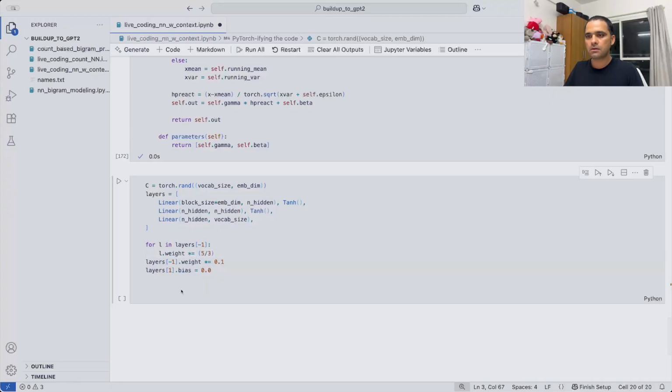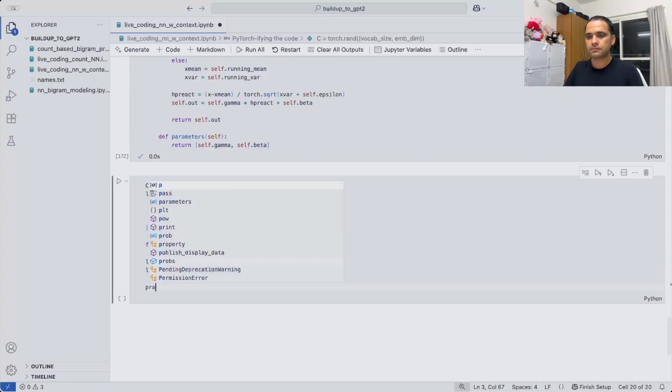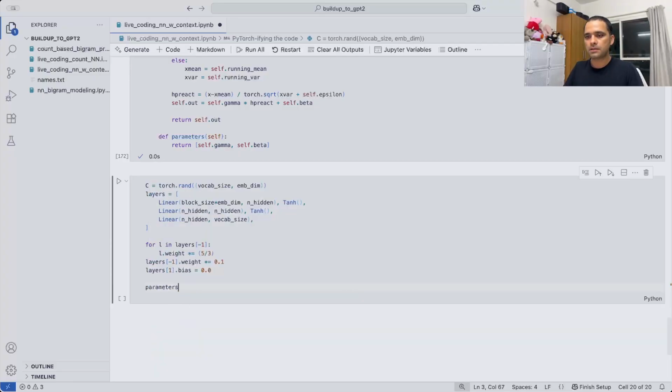Now we can just say parameters equals, for p in parameters, or no, that's the wrong way.